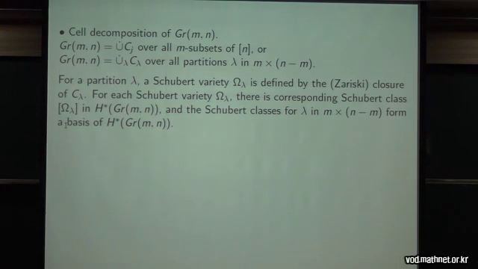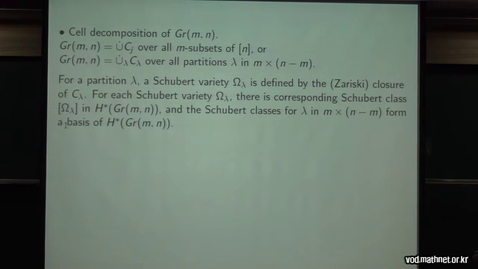For any element in the Grassmannian, you can make a canonical form, and it lies in a unique Schubert cell. So the Grassmannian is a disjoint union of the Schubert cells, where I denote the index by partitions, and the partition has to fit inside an m times (n minus m) box.